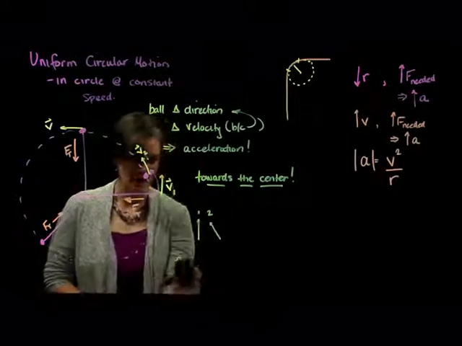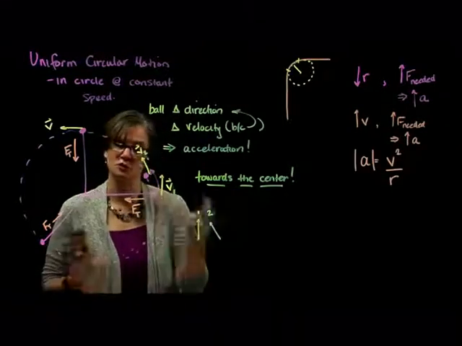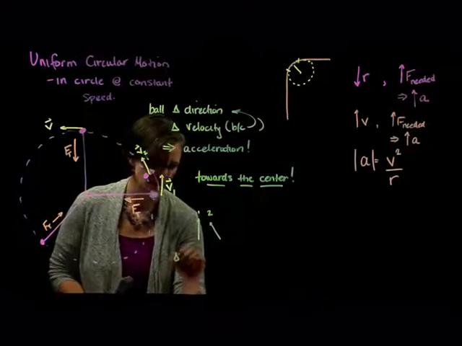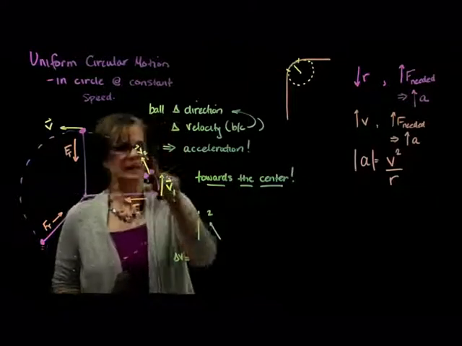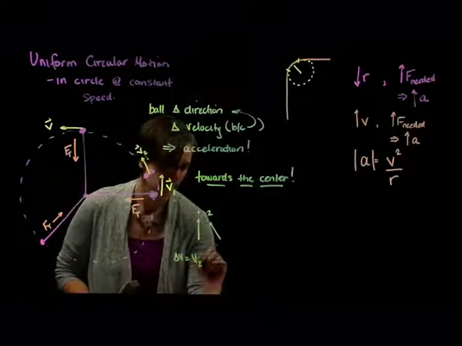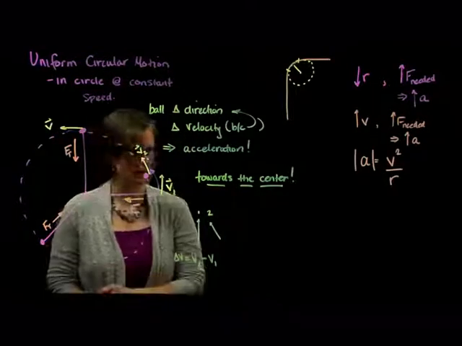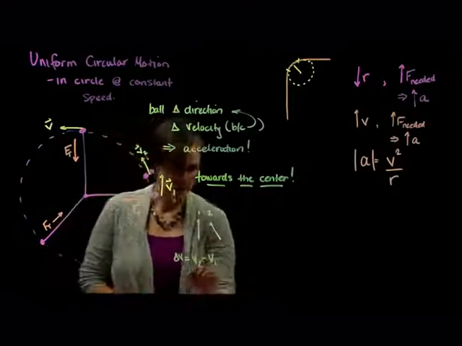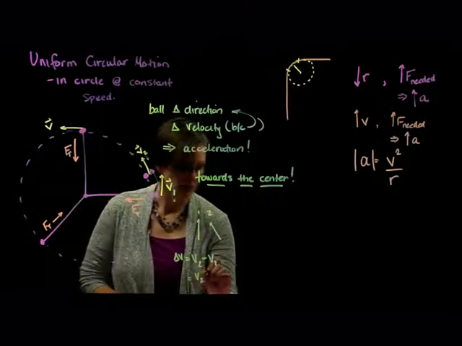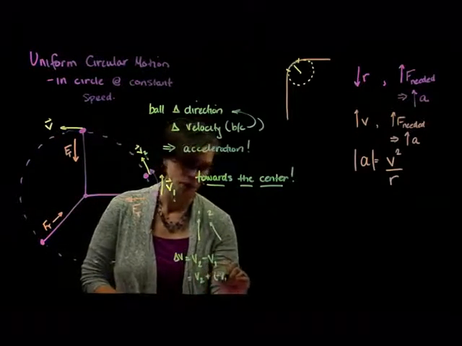I want to look at how this velocity from 1 to 2 changes. My change in velocity is my second velocity, v2, minus v1. Over time, that's acceleration.